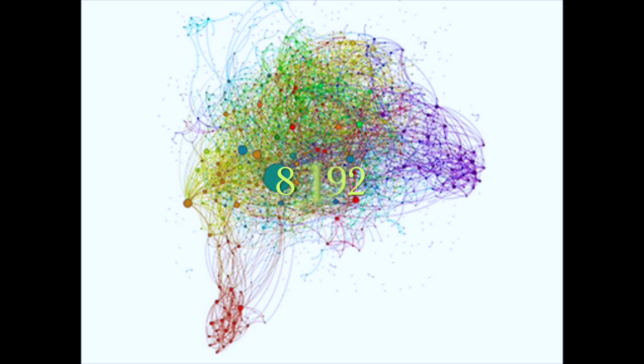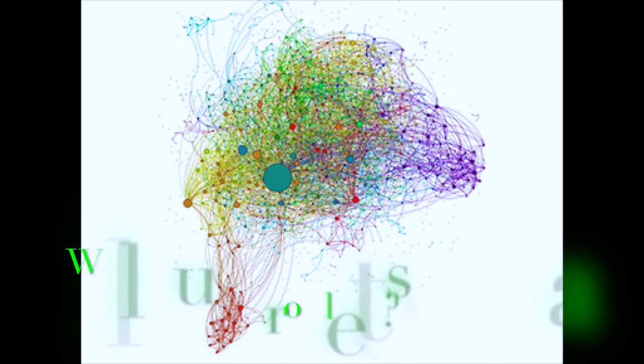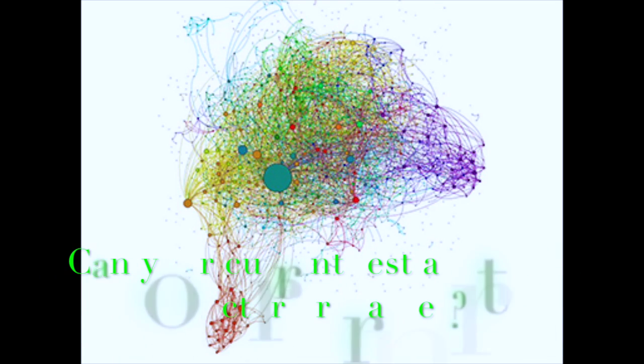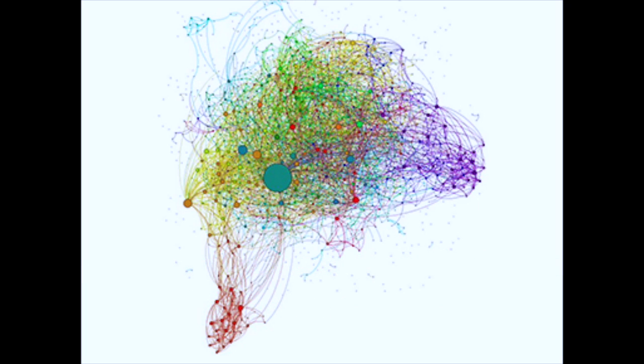and a number. So the question becomes, does your current test see the complexity of your mind and all the information about it and know what's going on? Can your test give you a score of how good your brain is? Can your test see if there's a problem developing? Can your current test alert your doctor to trouble, just like if he drew blood and there was a blood test?